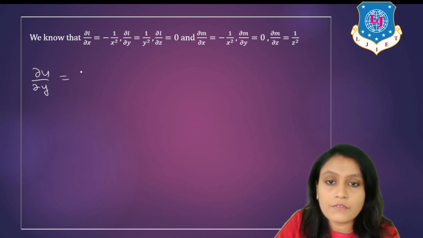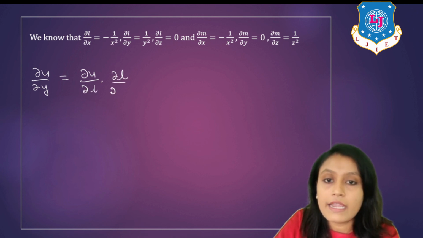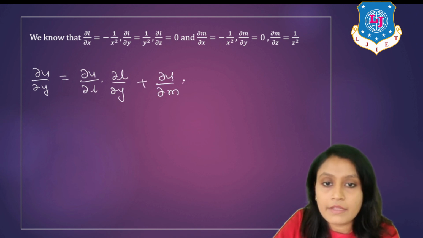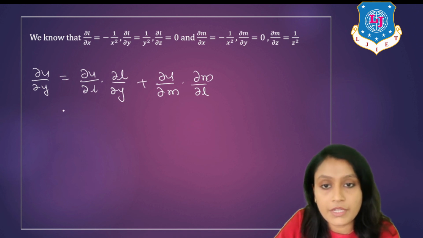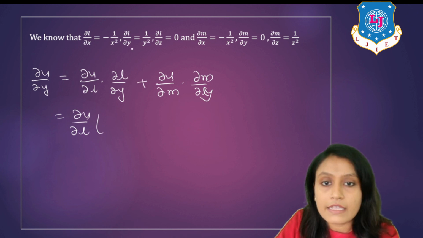Okay, now next we have to find this ∂u/∂y. So for that what will be the chain rule? ∂u/∂L into ∂L/∂y plus ∂u/∂M into ∂M/∂y from the tree diagram. Now ∂u/∂L as it is, and ∂L/∂y, what is ∂L/∂y? 1/y².